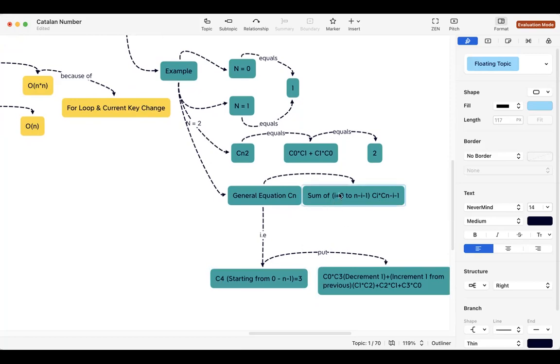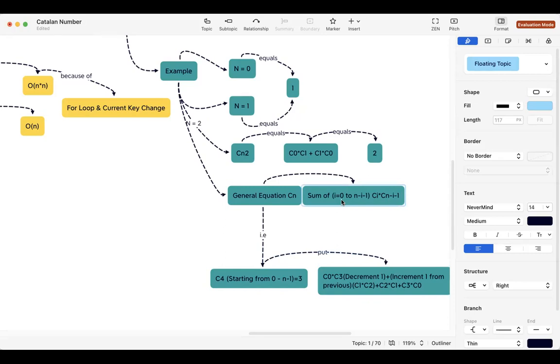As I loop around, I got the first term. Now I'm also summing, so there will be a loop that sums all these values. I'll add a plus sign and then apply the same condition for the next iteration, where i equals 1. So it becomes C1 into C of 4 minus 1 minus 1, so it becomes C2. Similarly, and so on, it will go till C3, till i becomes 3.